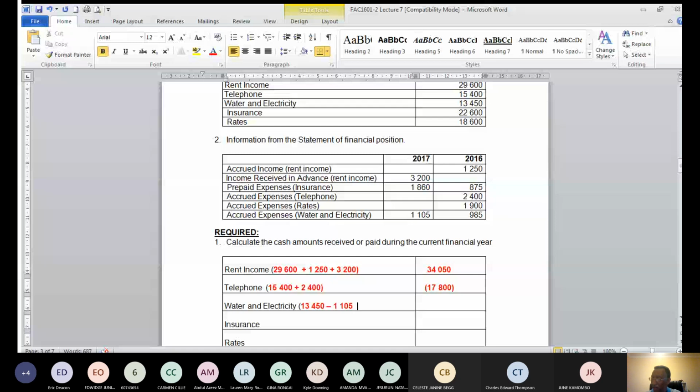So for this year, I've only paid 12,345. But when the year started, 985 Rand was due, plus the 985. So my total outflow for water and electricity is therefore the amount of 13,330. That is then my total outflow for water and electricity.